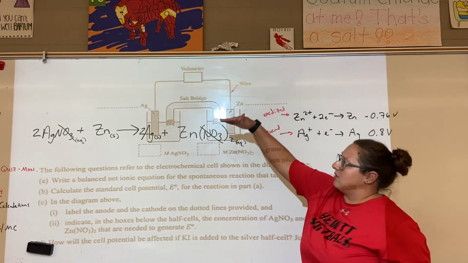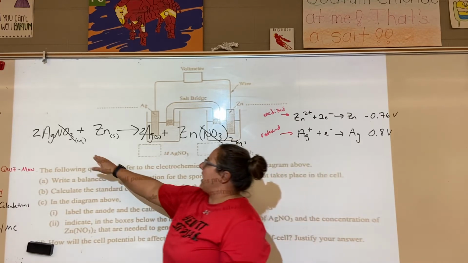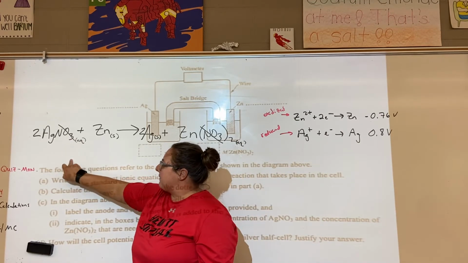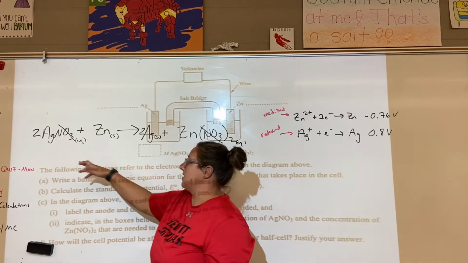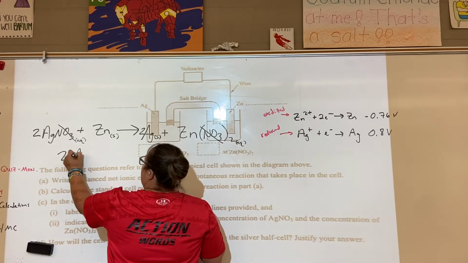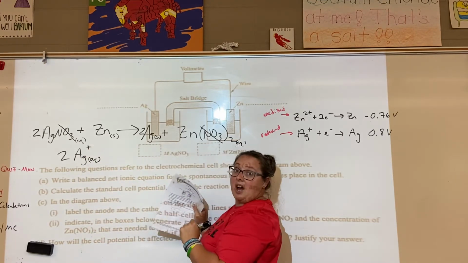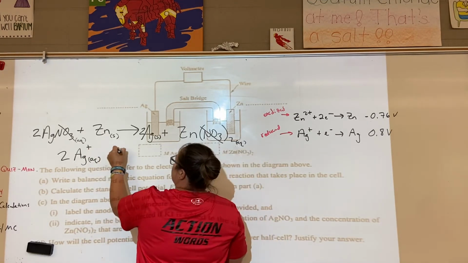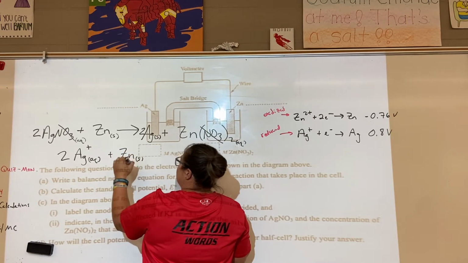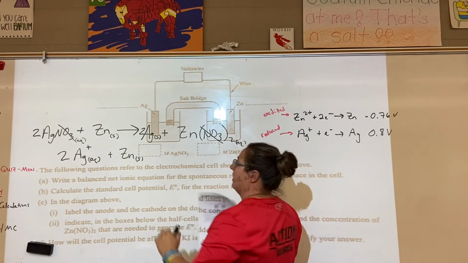So now what I do is I bring everything down. What's very important to remember is that if it's aqueous, I have to bring it down as an ion because that's how it is in the solution. So 2Ag+ aqueous, an ion because it's aqueous, plus Zn solid. This does not get a charge, it's just 0 because it's my solid.